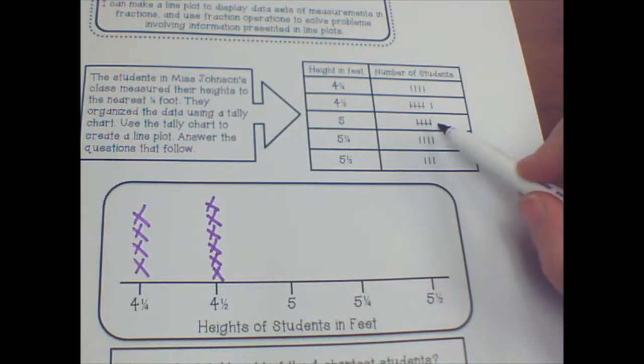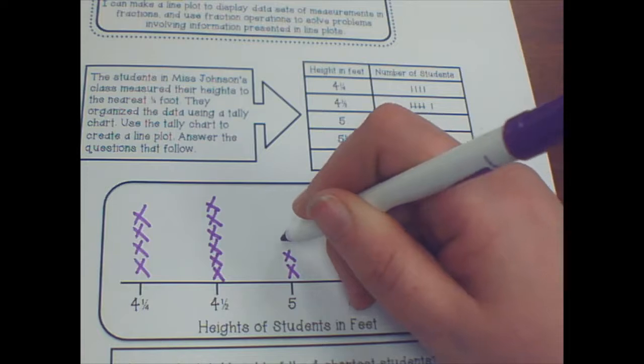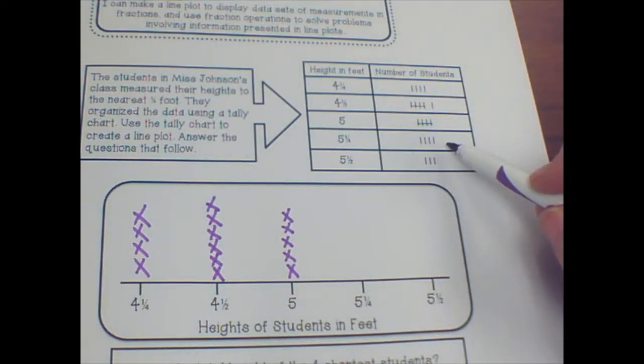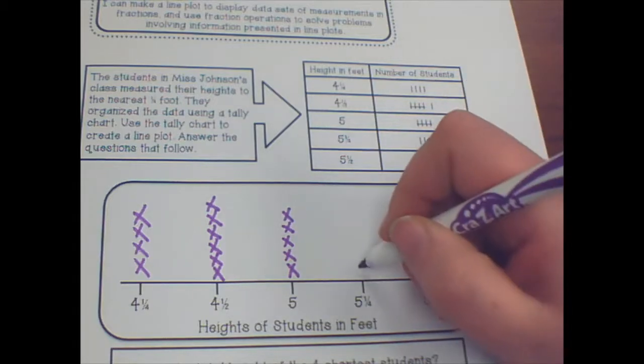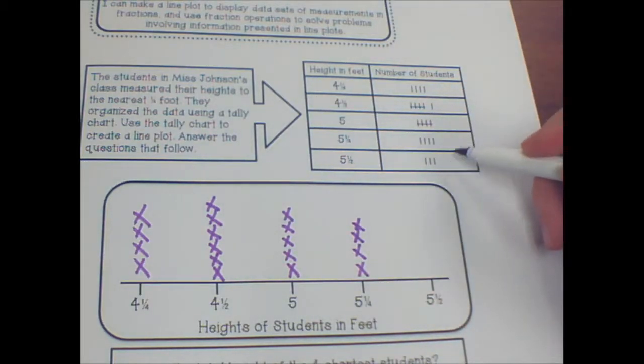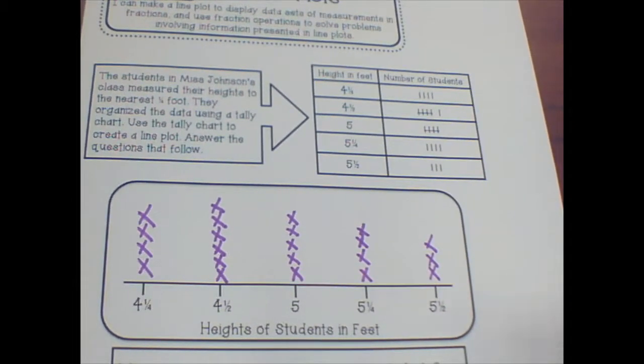Students who are 5 feet tall, there's 5 of them: 1, 2, 3, 4, 5. Students who are 5 1/4 feet tall, there's 4 of them: 1, 2, 3, 4. And students who are 5.5 feet tall, 3 of them. So it's just a different way of organizing a set of data.